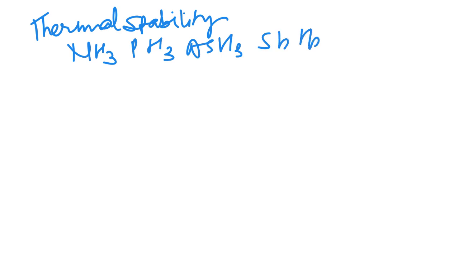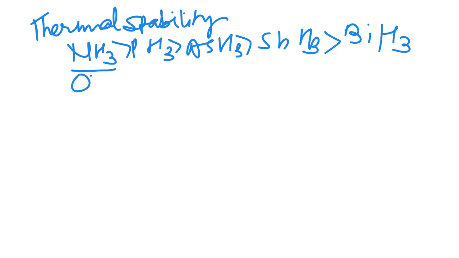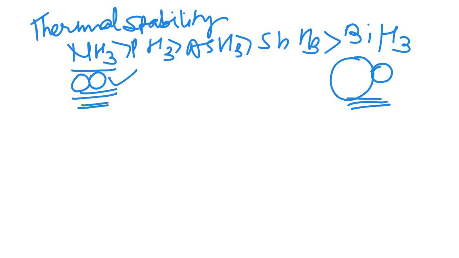and what you see is that ammonia is the most stable hydride as compared to the other hydrides, and the trend is like this. You can explain that these both elements, they are of almost the same size, whereas here bismuth is having large size and hydrogen is having small size. So the extent of overlapping will be more here, and here the extent of overlapping will be less.